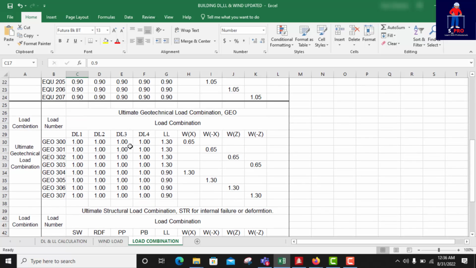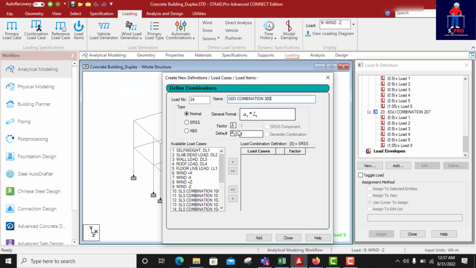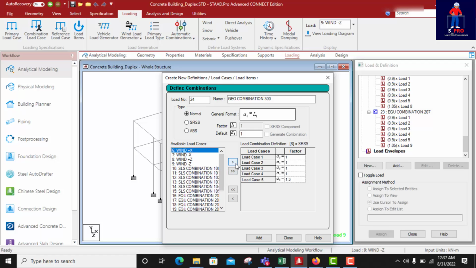All the dead loads have a factor of 1, live load 1.3, and wind load 0.65.